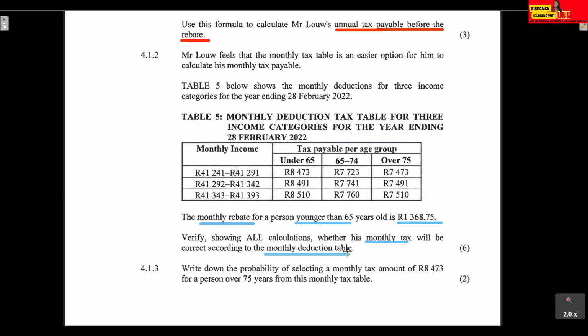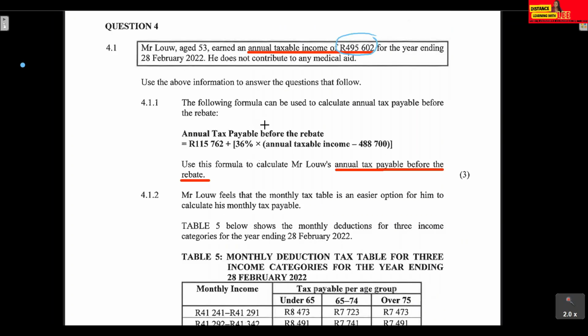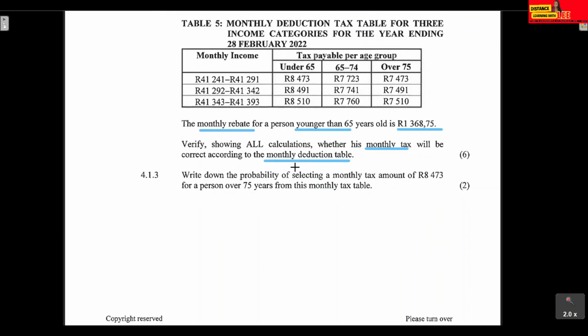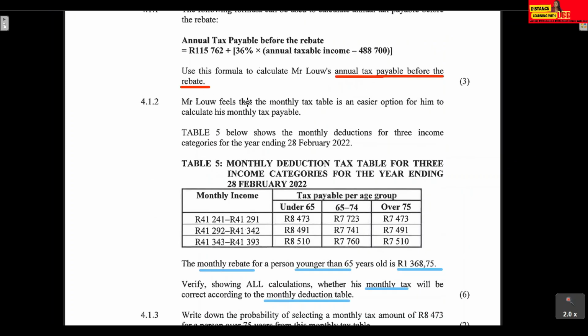We're going to start off first with calculating the monthly tax using the first way of calculating the total tax payable. Then we're going to use the table to calculate how much he will pay towards his tax, and then compare to verify whether this table is correct. Because we know definitely that the equation given here is correct.